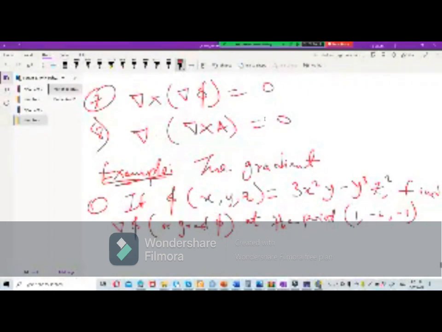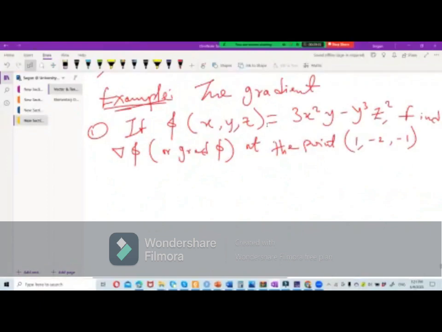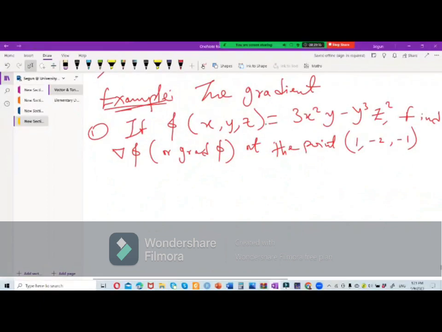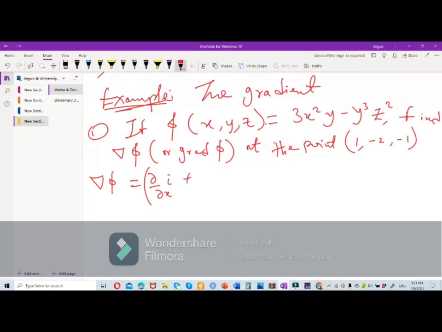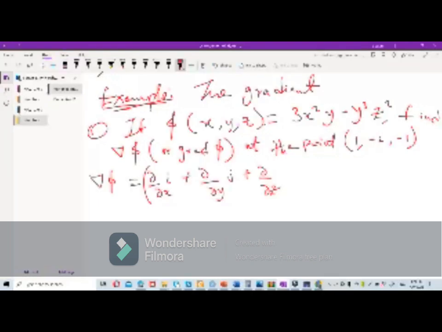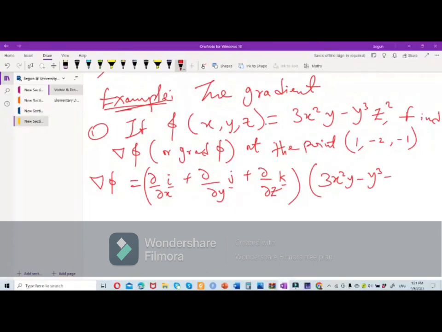So how do we solve this problem? It's very simple. All you need to do is define yourself. This is phi, which is 3x squared y minus y cubed z squared.